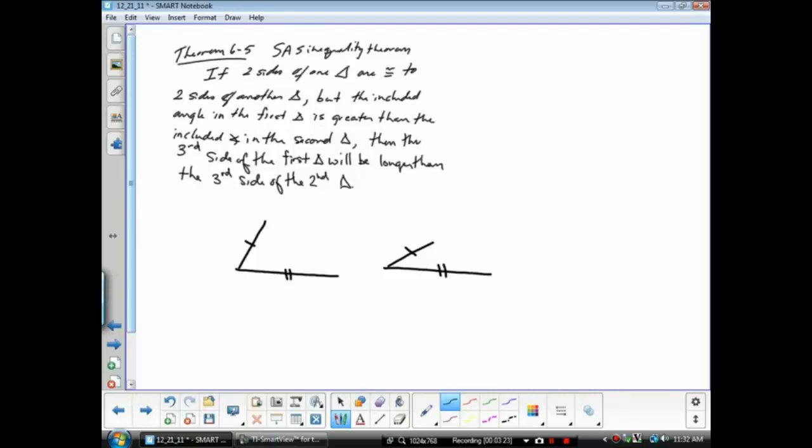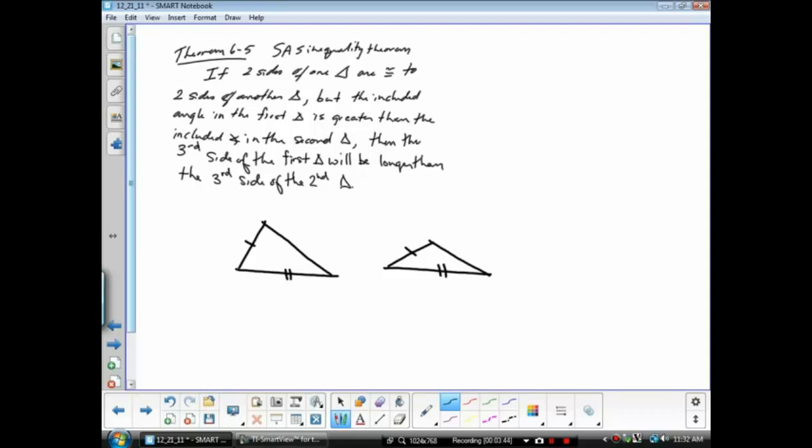So when I finish out that third side of the first triangle and the third side of the second triangle, what we're going to be able to prove is that the third side in the triangle that has the larger angle will be the longer side.